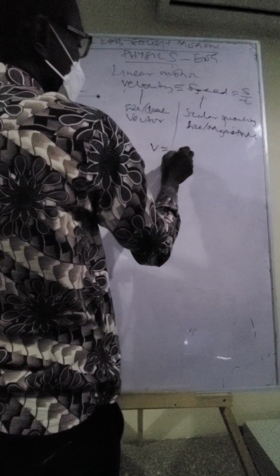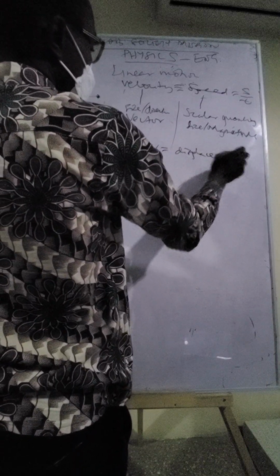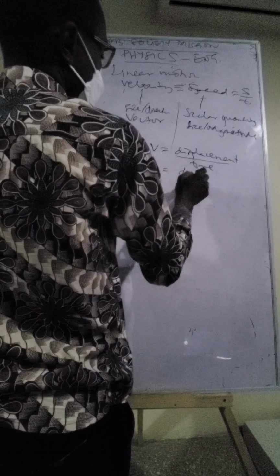They have similar expressions. In actual sense, velocity is equal to displacement over time, because it has a direction. Displacement is distance in a particular direction, so distance with direction is displacement. Displacement over time is velocity, whilst speed is distance over time. Now let's look at what happens here.